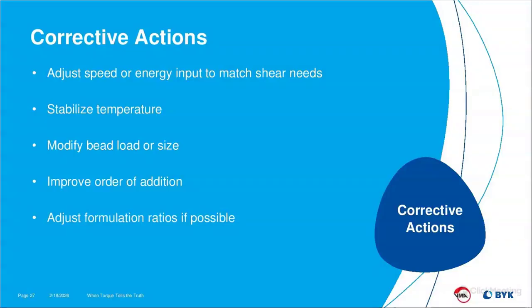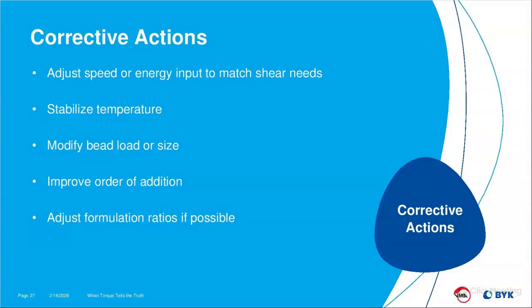If we need to, we can modify the bead load or the vessel fill ratio, right? This is a critical part of dispersion, making sure that we have our parameters set properly with regard to our blade size compared to our vessel size and the appropriate fill rate. If you have too much or too little, all of these things are going to affect the way your material is processed. And if we need to, we can alter the order of addition.